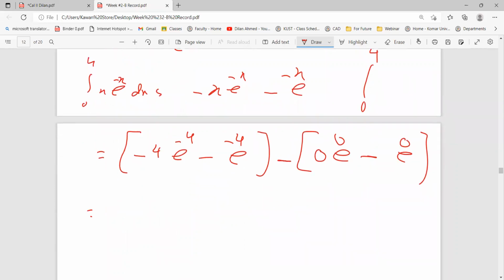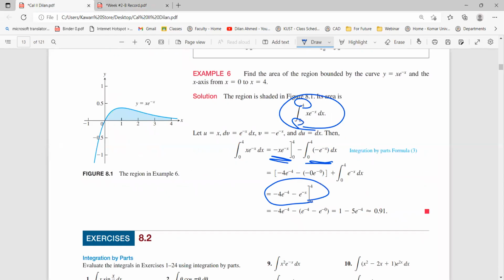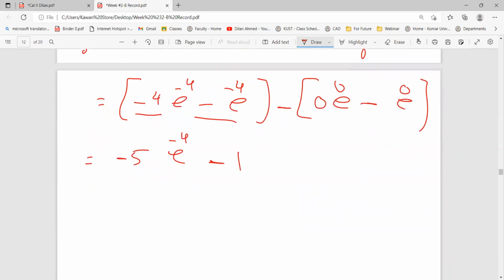So I will get minus 4 minus 1, minus 5 e to power minus 4, minus 1. And I don't need that one. So that's the first method.